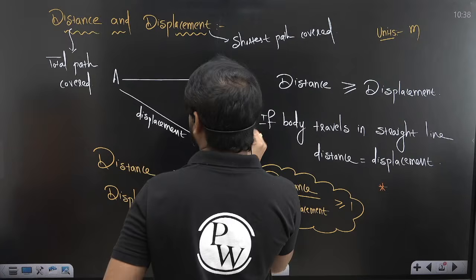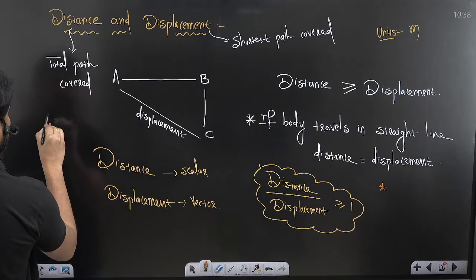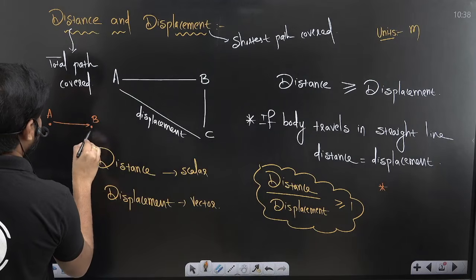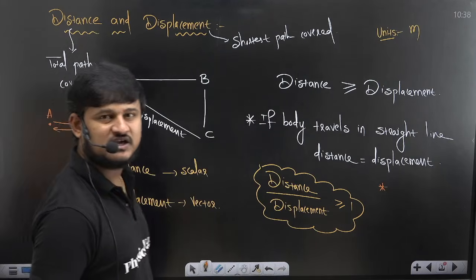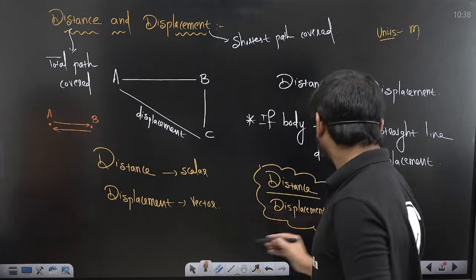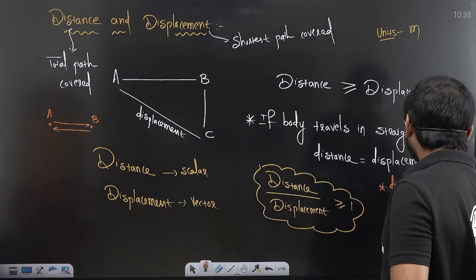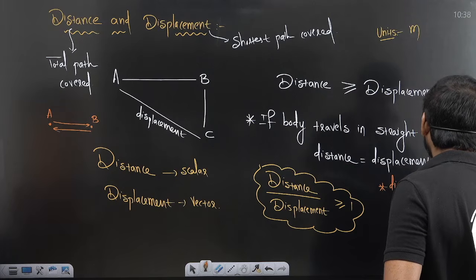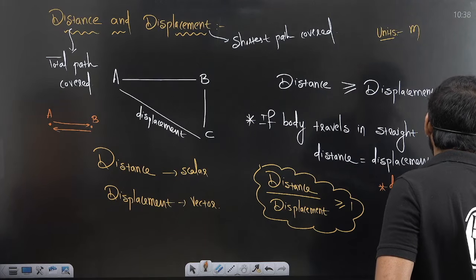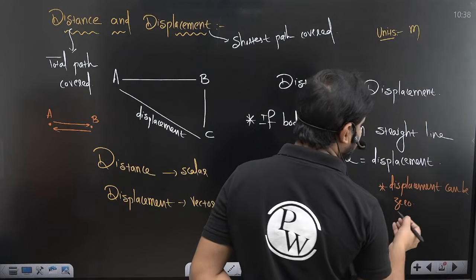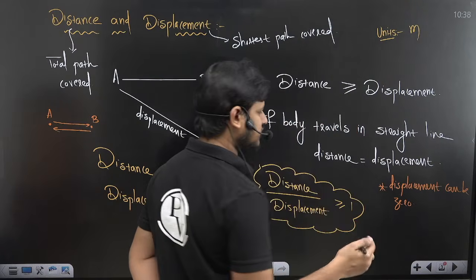Let's suppose a person starts from point A and reaches point B, and again he returns to point A. In that case, what is the displacement? The displacement can be 0, whereas the distance cannot be 0.